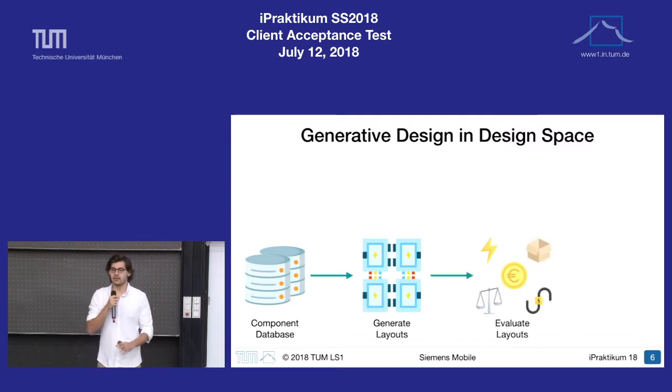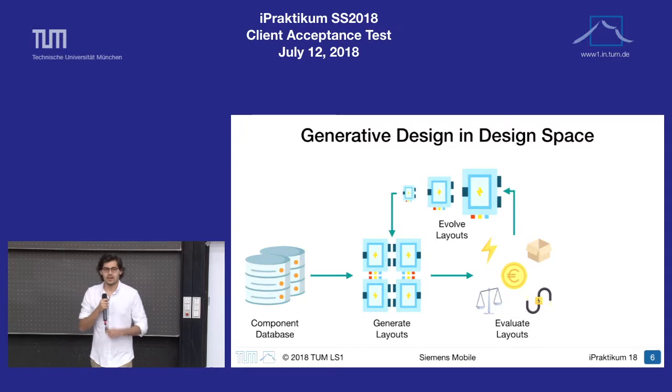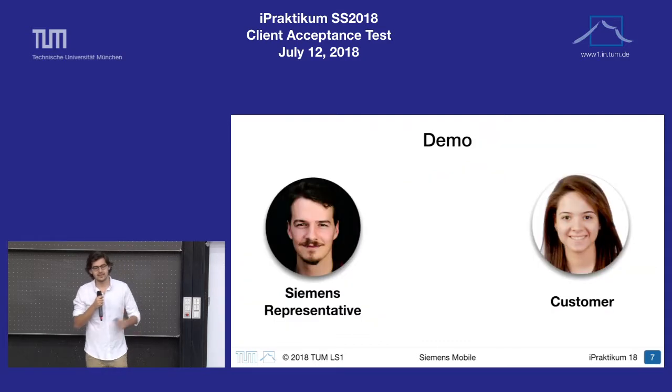Afterwards, we evaluate them by their power consumption, delivery time, price, and so on. And we select the best ones from them and combine them by replacing their components inside and generate a new set of components. And after multiple iterations, we select the best one from them.